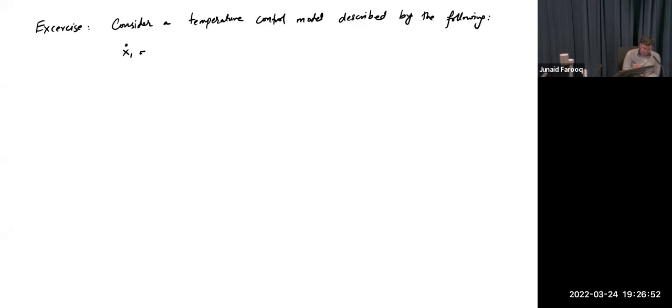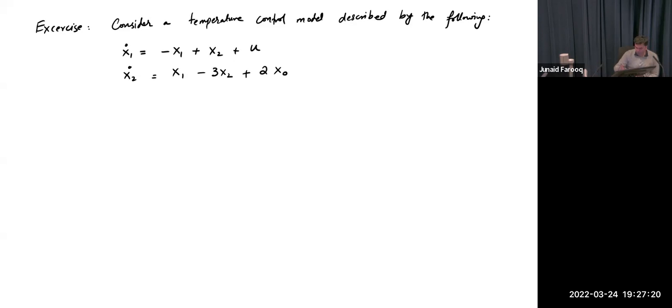The first one is x1 dot equals minus x1 plus x2 plus u, and x2 dot equals x1 minus 3 x2 plus 2 x0.